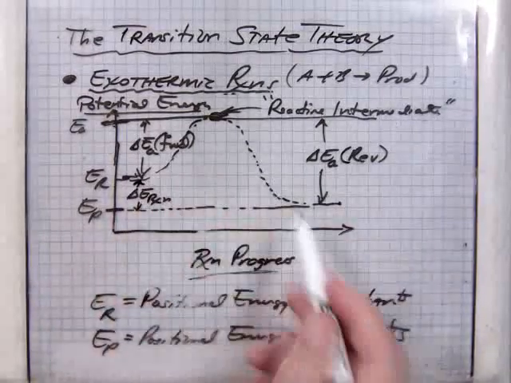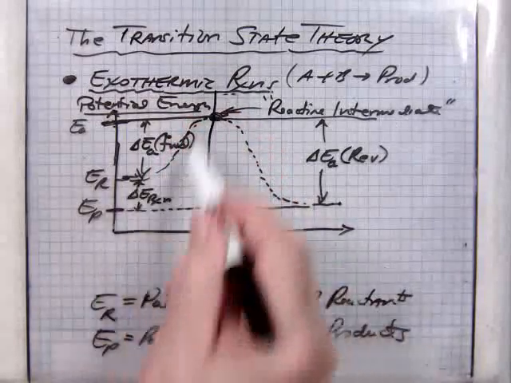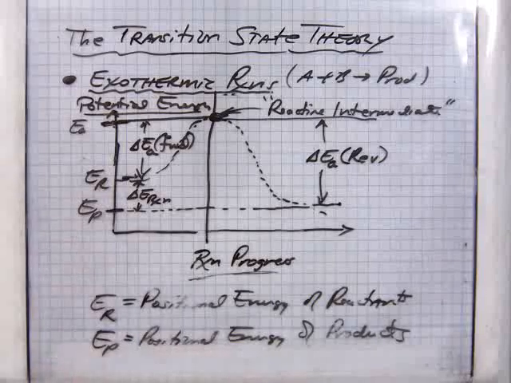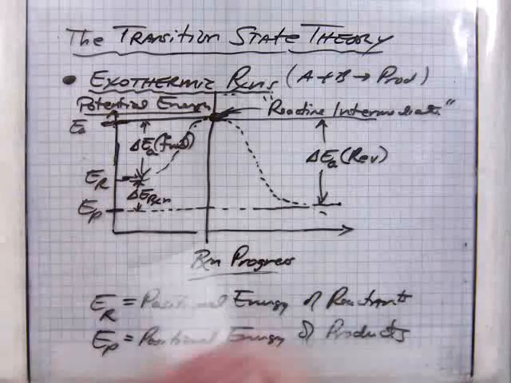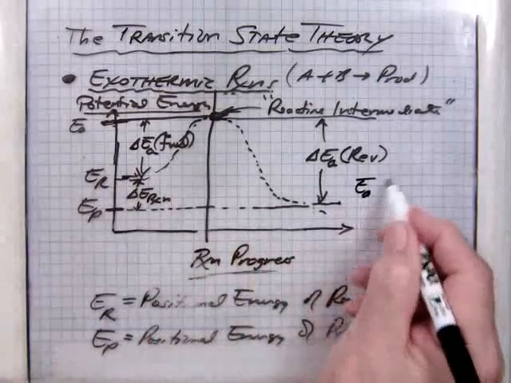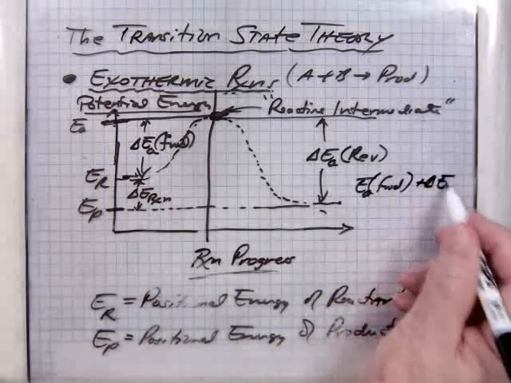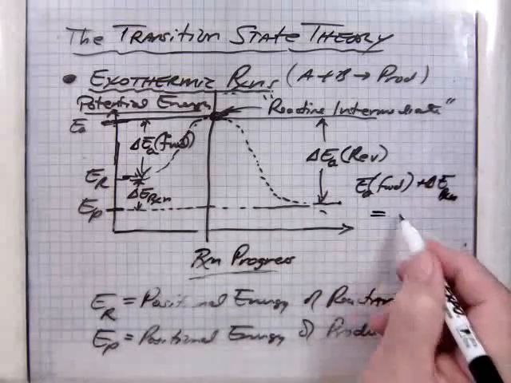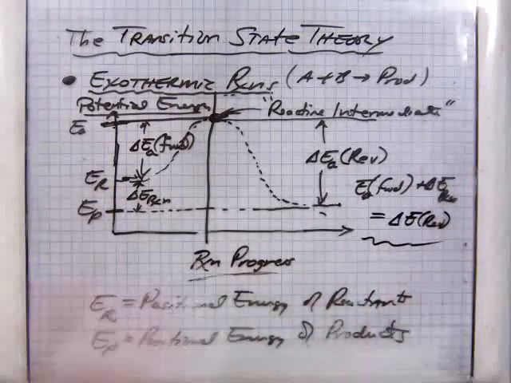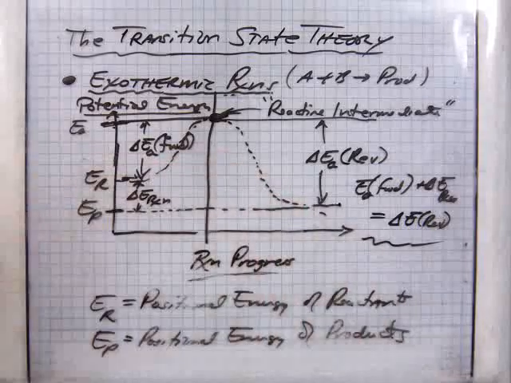You'll notice in this transition state curve, potential energy curve as some people call it, or reaction progress curve, the sum of the activation energy, EA forward, plus delta E of the reaction equals delta EA reverse. That's just how to read the curve.